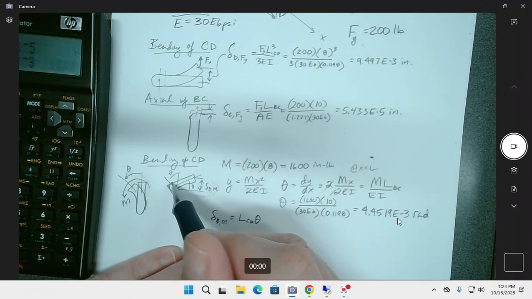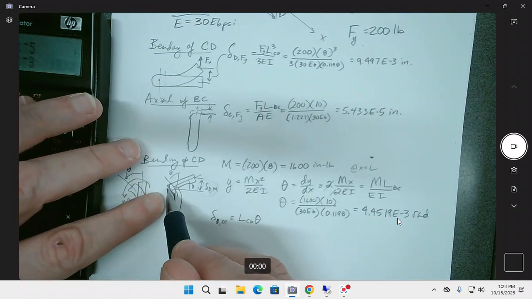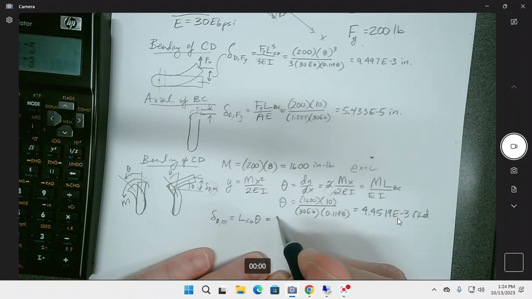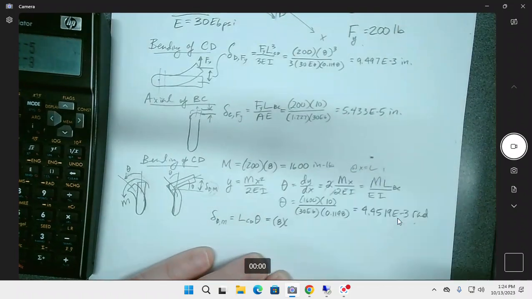Here's the theta that is moved, because you could think of it as having rotated. So 8 times 4.4519E minus 3. Just multiply by 8. Boom.